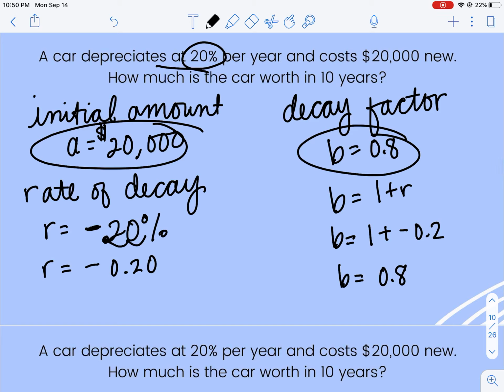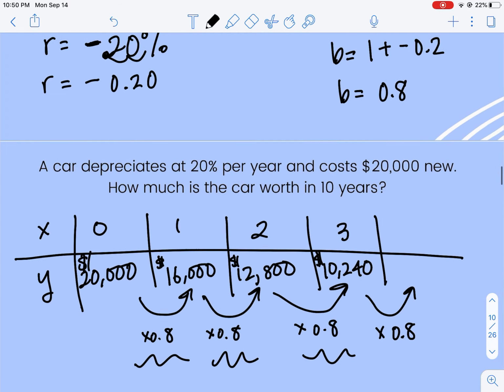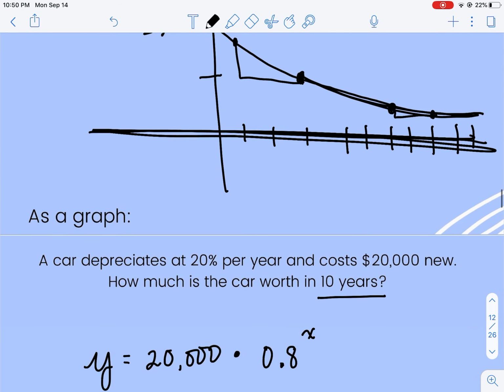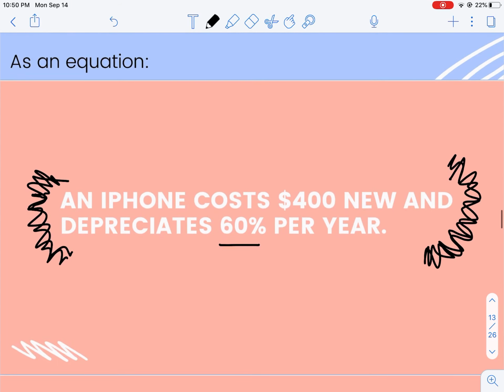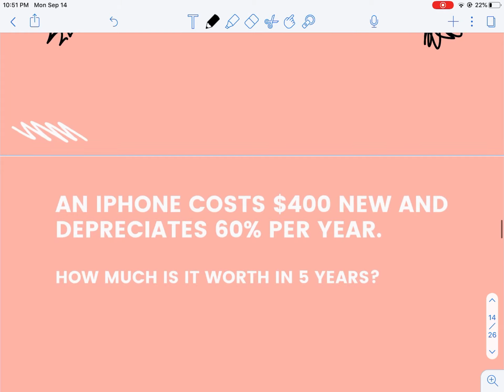You can think of it as an equation. You can think of it as a table of values. You can think of it as a graph. I have given you the written situation, and you now have a choice of how you're going to think about it. I want to know, how much will it be worth in 5 years?